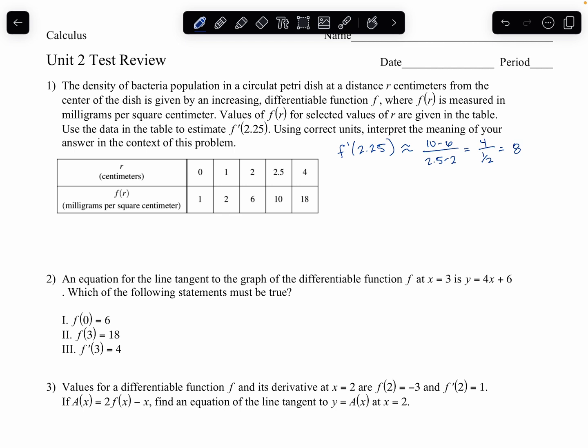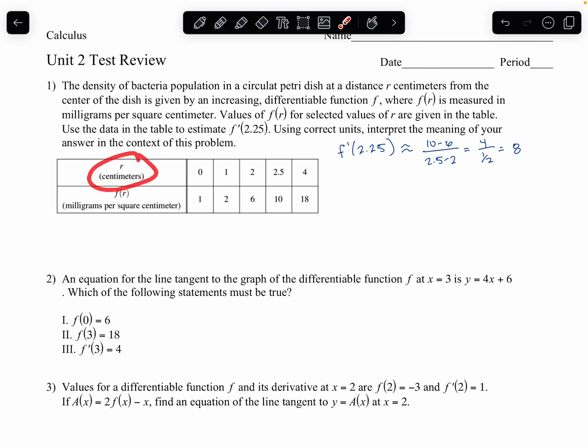And the units here, the rate of change, would be f of r over r, since that's what the average rate of change is: the rate of change of one variable with respect to another. So this f of r is defined as milligrams per square centimeter.